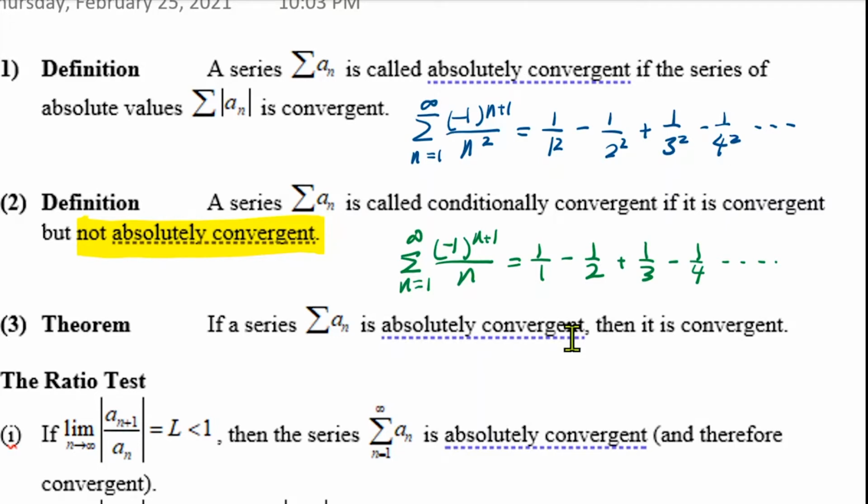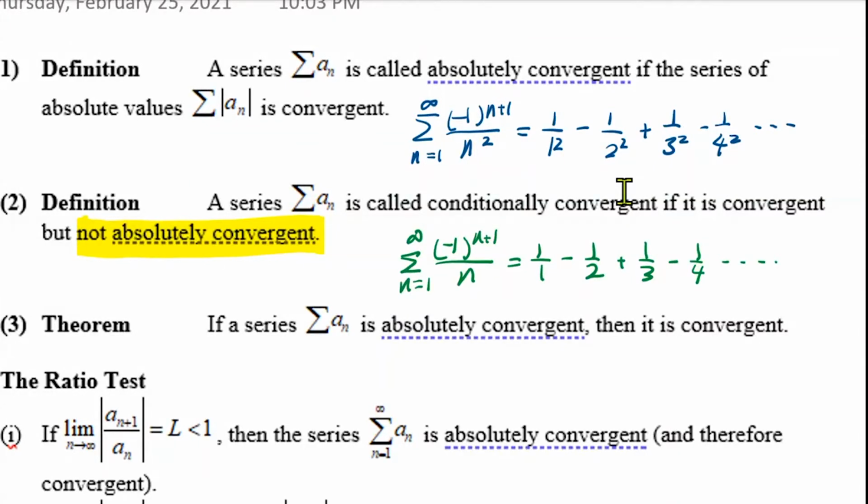And let's say you have an absolute convergence test, meaning you take away all the negative signs and treat it as a regular series, and you have an alternating series test. Which test should you conduct first? Absolute convergence test first. Absolutely, right?